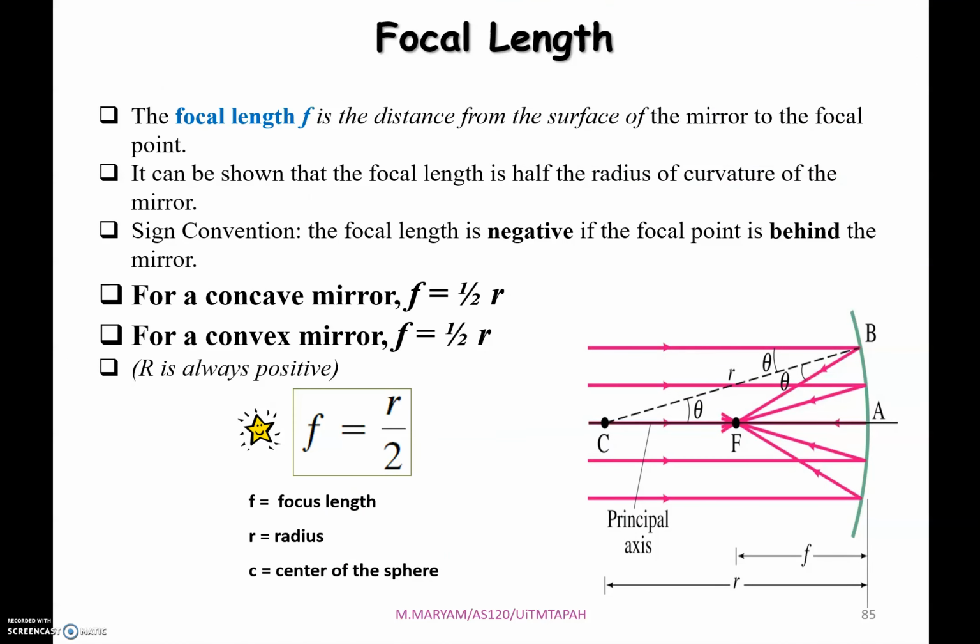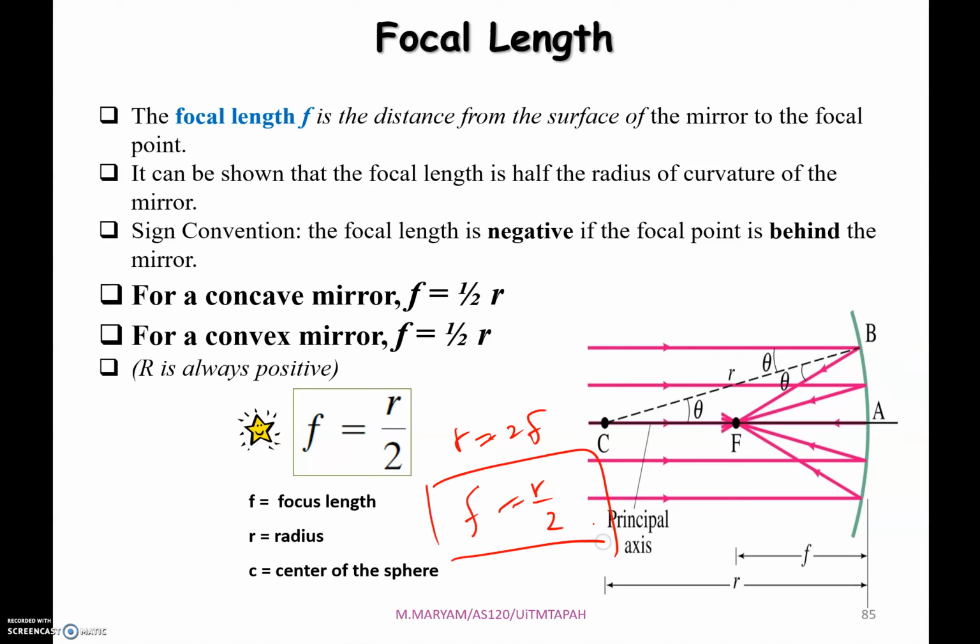Now, we've also learned about radius of curvature just now. The radius of curvature is actually the center of curvature, where the value is double the focal length. So your R is double the distance of the focal length, or you can also say the focal length is the radius of curvature divided by 2.